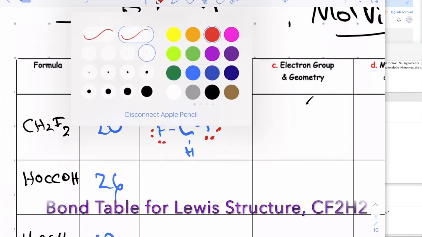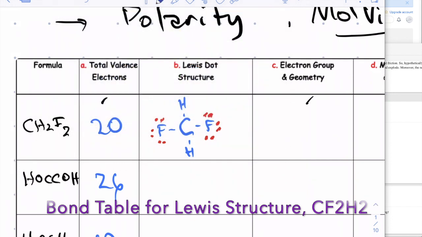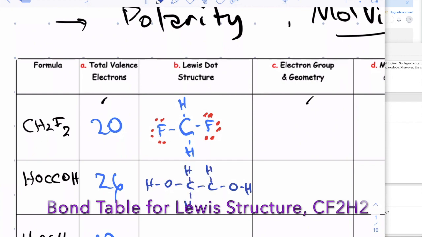For this next chemical, I have H, O, C, C, O, H, hydrogen, hydrogen, hydrogen, hydrogen, and then the lone pairs are going to be right here. That would be my Lewis structure.